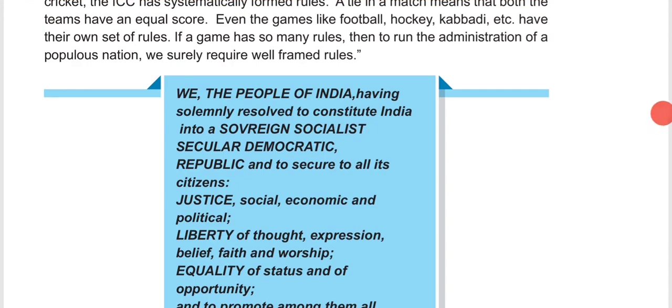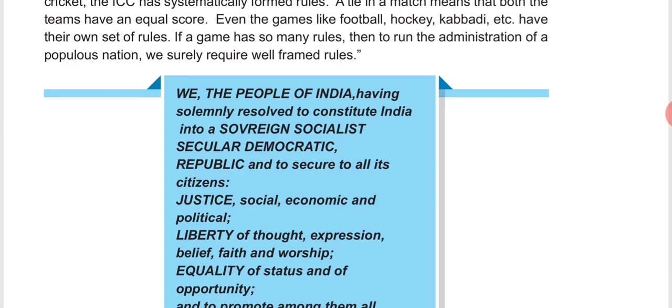The preamble of the constitution is a brief introductory statement. It is a very short statement that sets out guidelines. That means it gives us guidance. It sets out the guidelines, principles and philosophy of the constitution.